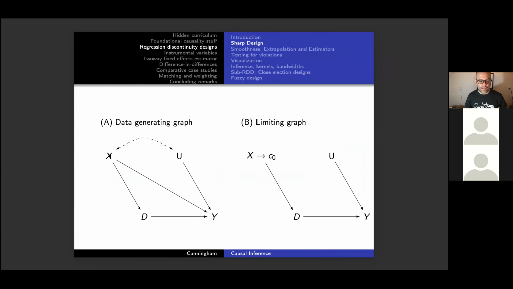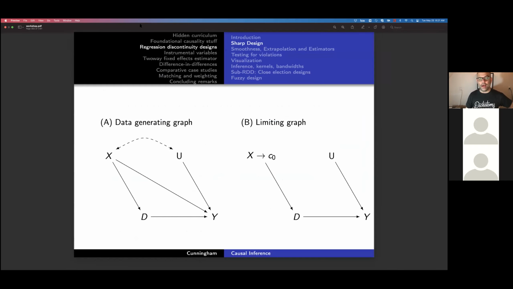But essentially, this is the running variable. And yeah, it's a confounder because basically X is determining Y and it's determining D. It could also be that X is endogenous to something that's causing something else, so there could be some sort of endogeneity.